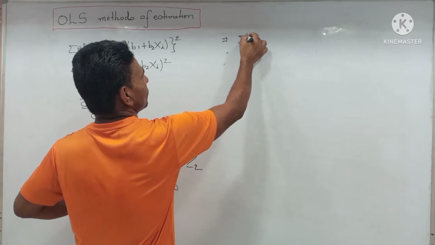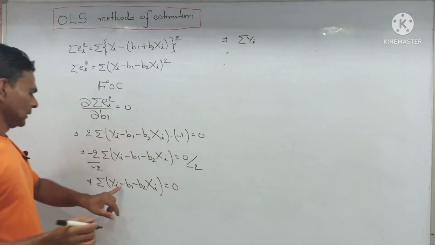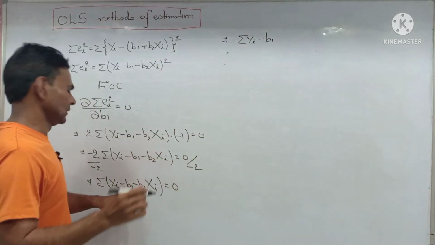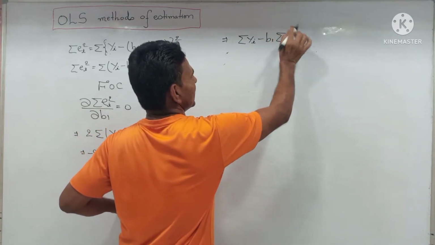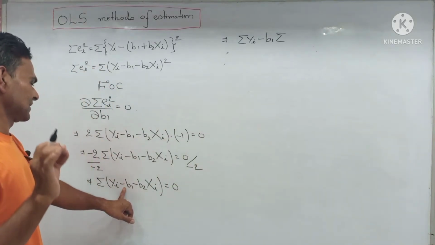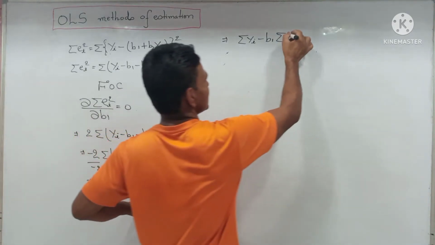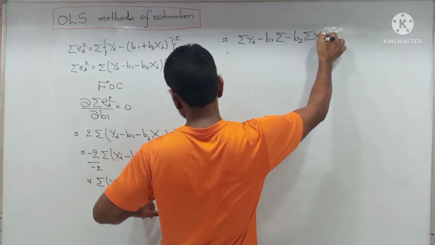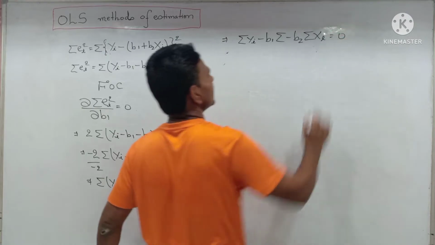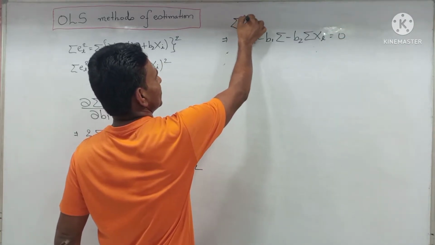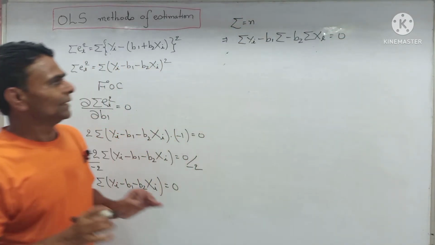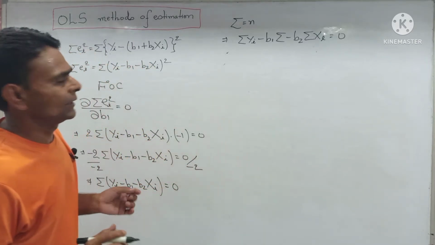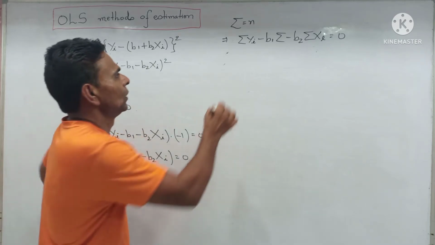Now we need to break this bracket and apply the summation sign. Summation of yi minus b1, which is a constant, so we put the summation sign here: minus b2 summation of xi equal to 0. The summation of the constant equals n. Only variables take the summation sign, parameters don't.